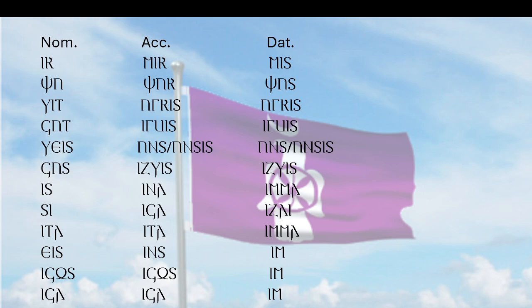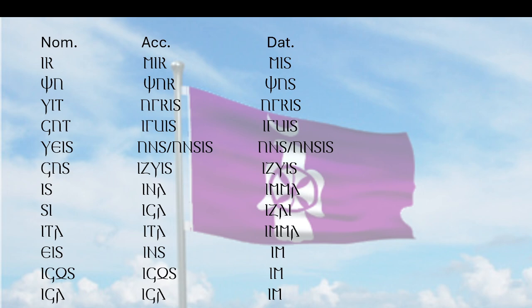Now here are the personal pronouns for the nominative case, the accusative case, and the dative case. Now we have learned the nominative case and the accusative case in our previous lesson. So the first two columns here are for reference. We shall learn the third column, which is the dative case, which is the case we need when using this verb.